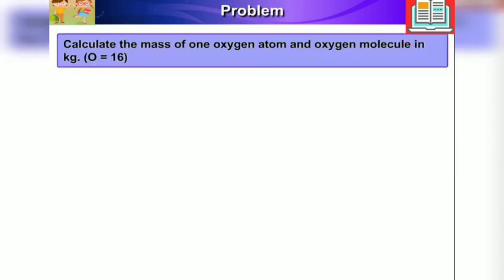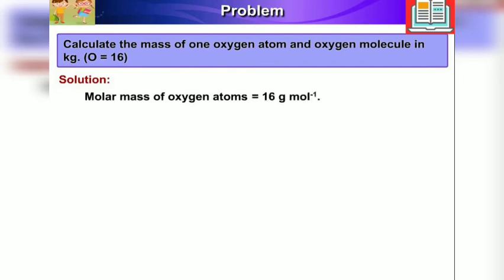Calculate the mass of one oxygen atom and oxygen molecule in kg. O equals 16. Solution. Molar mass of oxygen atoms equals 16 grams per mole. 6.022 into 10 raised to 23 atoms of oxygen equals 16 grams of oxygen.